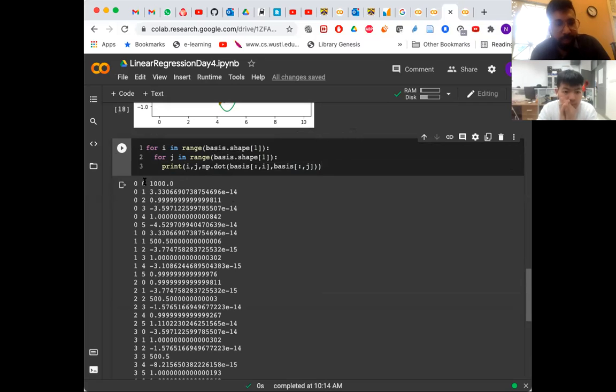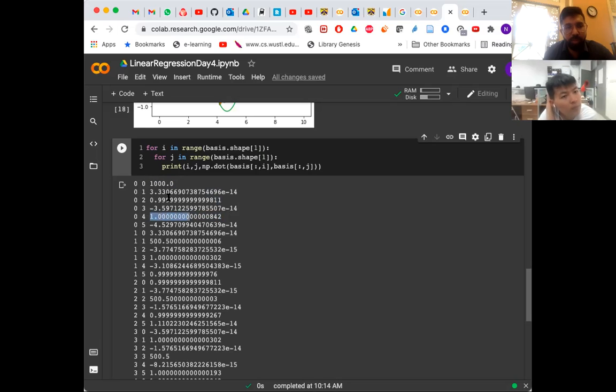Okay. So let's see. This value would be a large positive number when i and j are equal, and it would be very close to 0 otherwise. So for example, this 0, 0 is 1000, and compared to 10 to the power 3, the others are very small.